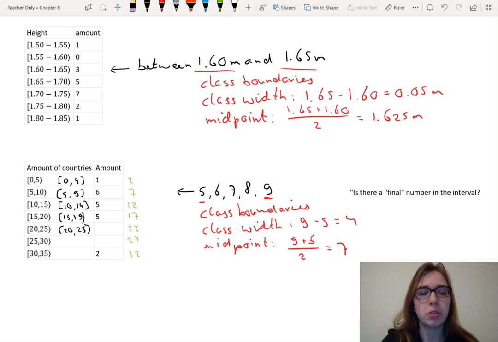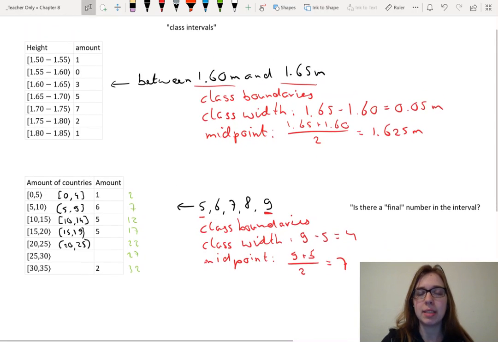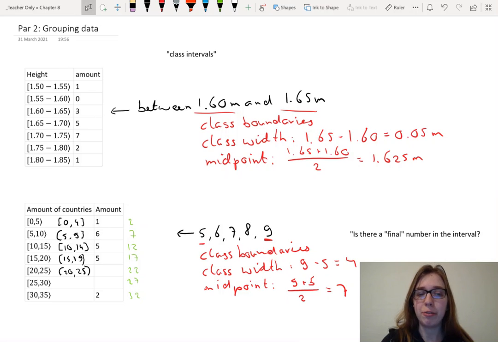So there are a total of 19 entries. And the 10th entry, that's the middle one, happens here. So this one would be the median in this case. And we would do the exact same with the first table. So those are a few notes about grouped data and how we can calculate different averages with that.